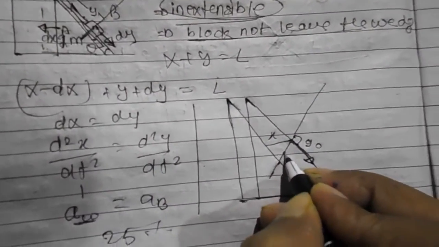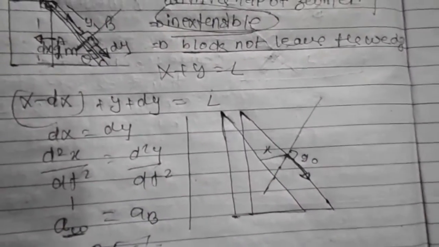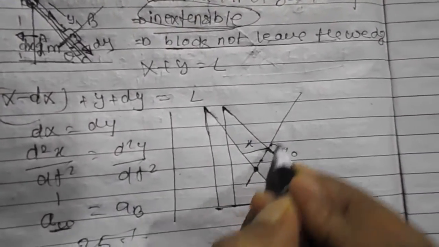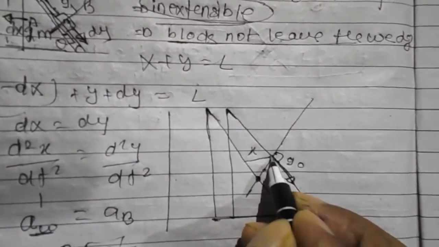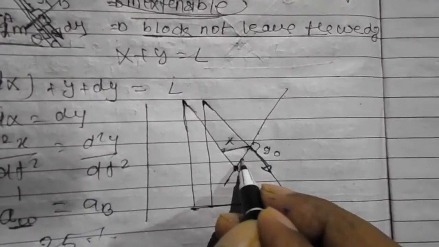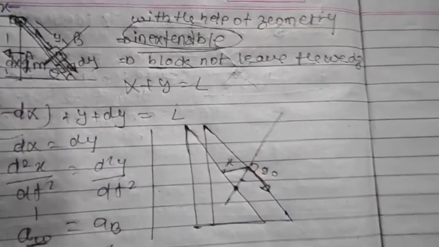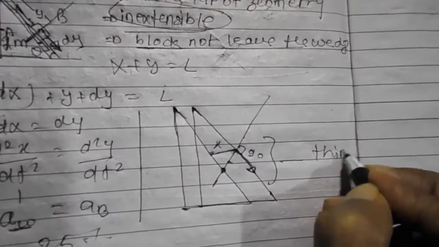The block cannot be here, because if the block is here, then it will leave. What should be the position of my block? My block should be here. Yeah, think about it. It may take one or two days.